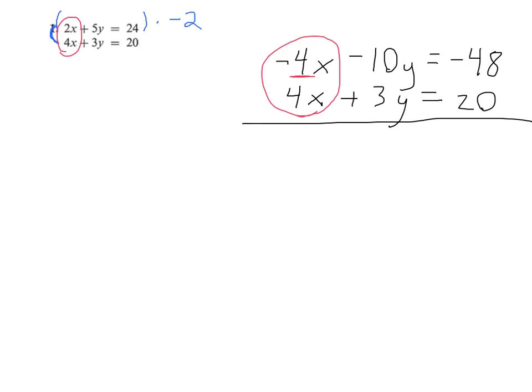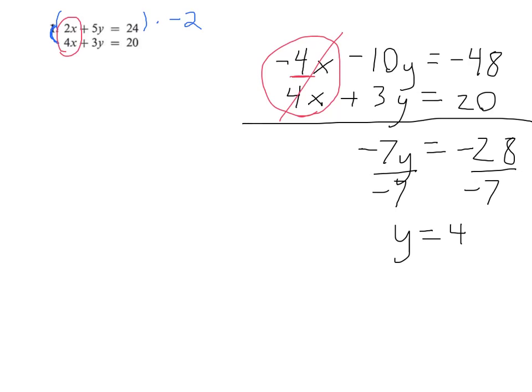So now these cancel, and we get -7y equals -28. Divide by -7, and I get y equals 4, because negative divided by negative.